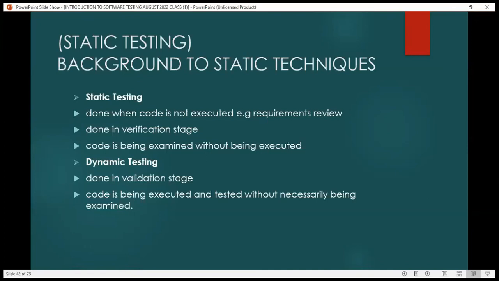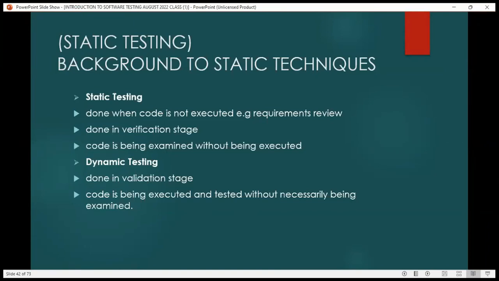Static testing is done when code is not executed, e.g. in the requirement review. So now you have been given a requirement. It depends on the organization you're working for.